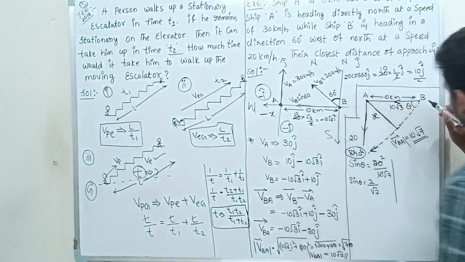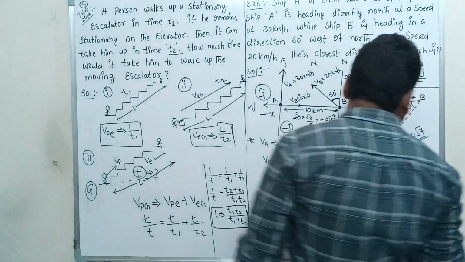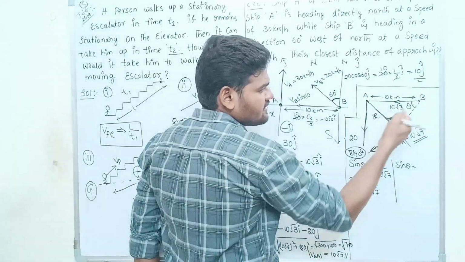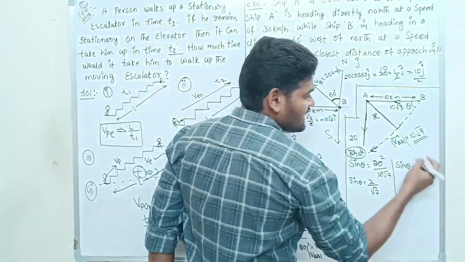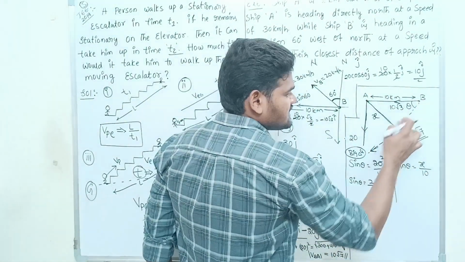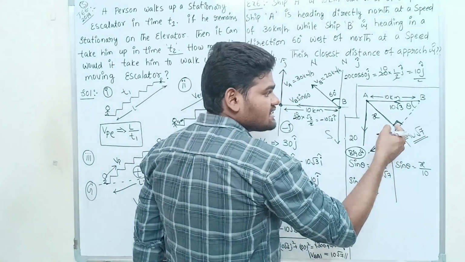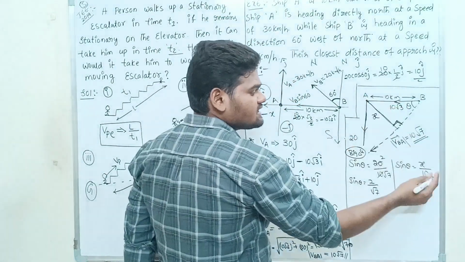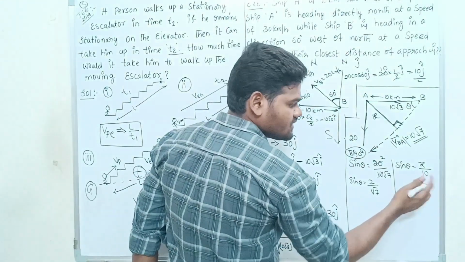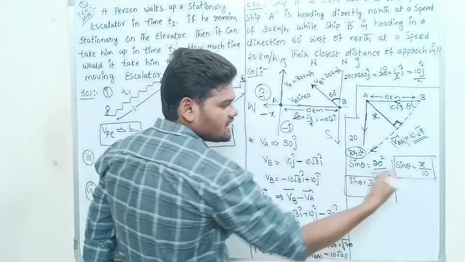Now have a look at this small triangle, BA. We can write again sine theta equals opposite side by hypotenuse. What is the opposite side? x. And the hypotenuse is 10. In this triangle, this is the perpendicular line, this is 90 degrees, so whatever side is opposite to 90 degrees is the hypotenuse. Now just equate these two equations.